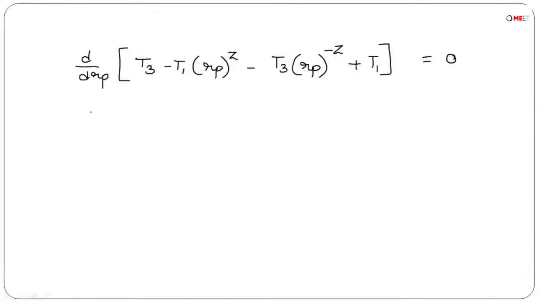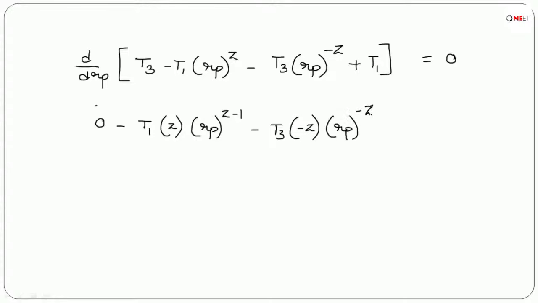Now on differentiation here, this becomes 0 minus T1 into z into Rp to the power z minus 1 minus T3 into minus z into Rp to the power minus z minus 1 plus T1 will become 0 here.